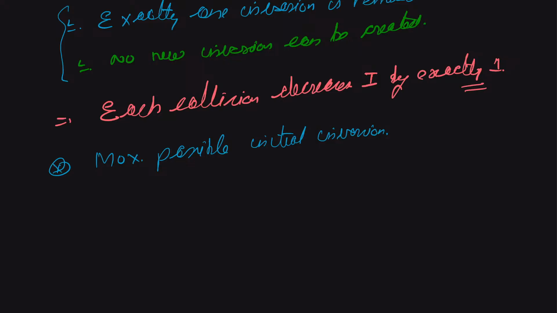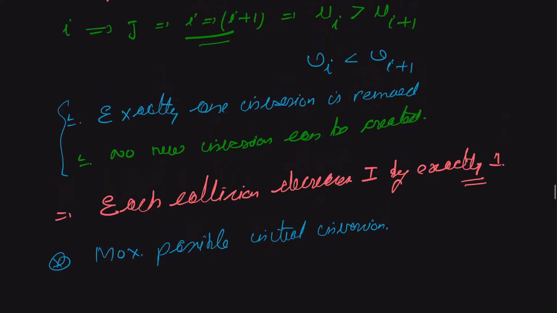We have a total of n objects, and the inversions are maximal if their velocities are strictly decreasing.